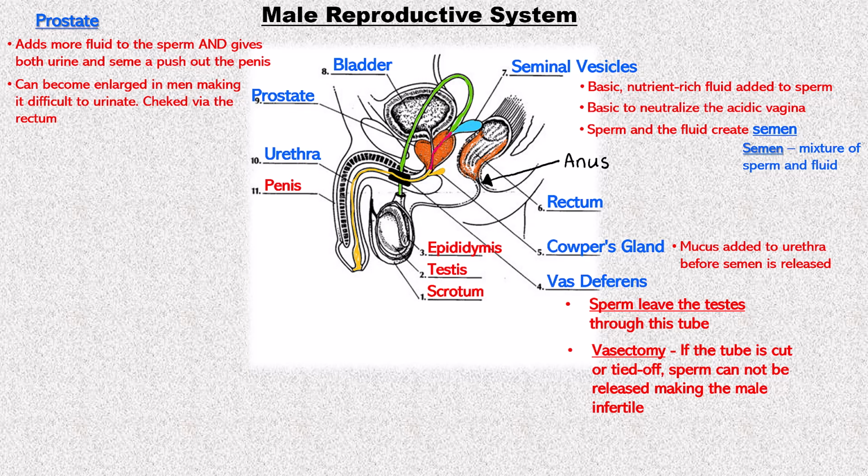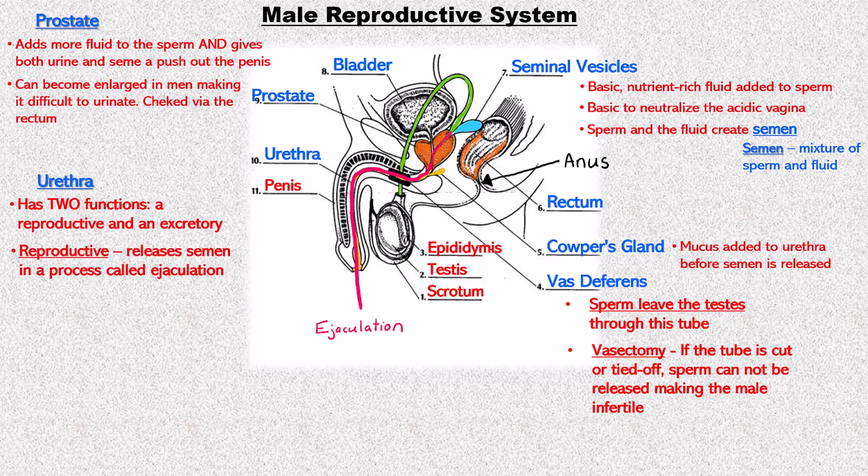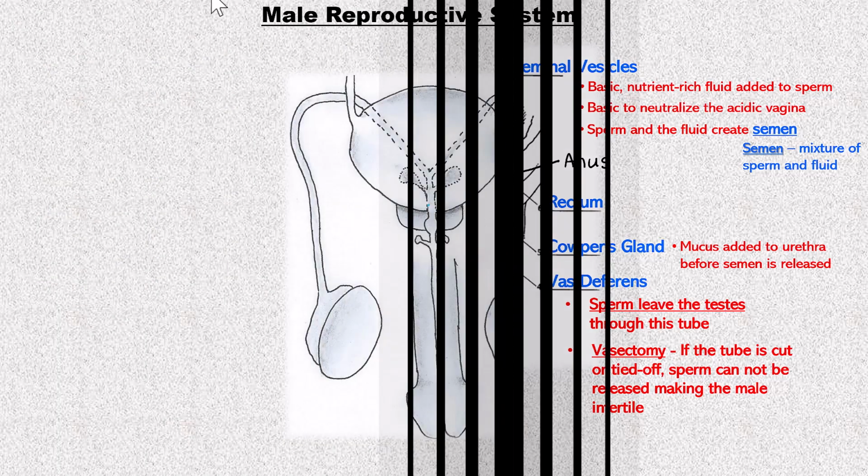Once the urethra is all lubricated up, ejaculation can occur, and semen is ejaculated through the urethra out the penis. So the urethra actually is going to have two functions, a reproductive and an excretory. Reproductive because it's going to release semen in a process called ejaculation, and excretory because it will release urine.